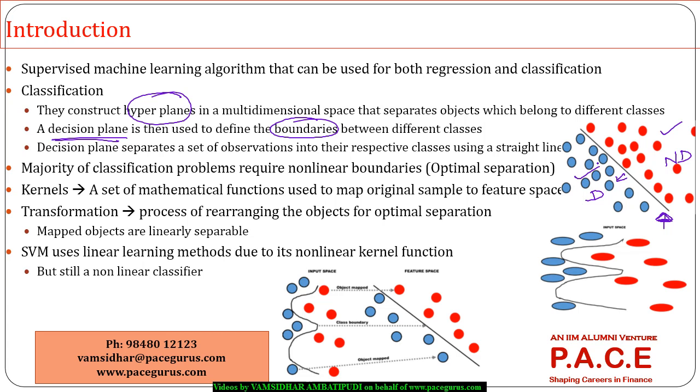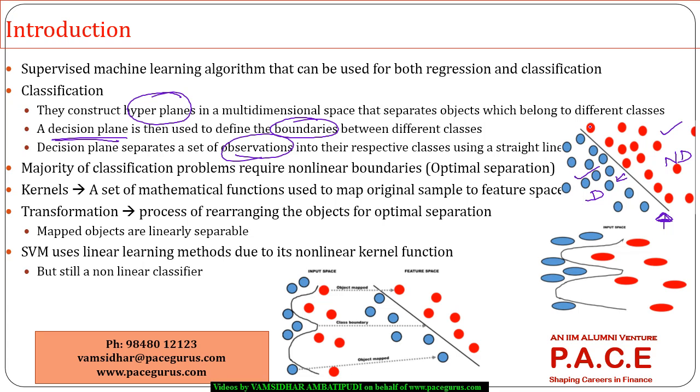So there is a decision plane which we define, based on which we identify when an element will fall into the default category and when it will fall into the non-default category. That decision plane separates the set of observations into the default class versus the non-default class. So that's how support vector machines typically work in terms of classification of the variables.